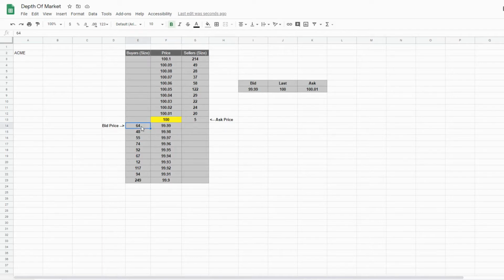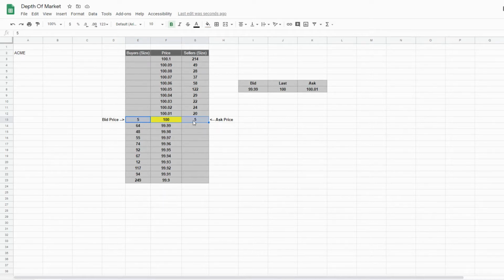If one of these guys decides to raise his buy price to meet your offer, what happens is that he's going to change his order, and momentarily the bid price will become $100, at which point the exchange, which is the New York Stock Exchange or the London Exchange or whatever exchange that you are trading on, will end up matching buyers with sellers and then taking both of your orders out of the market.